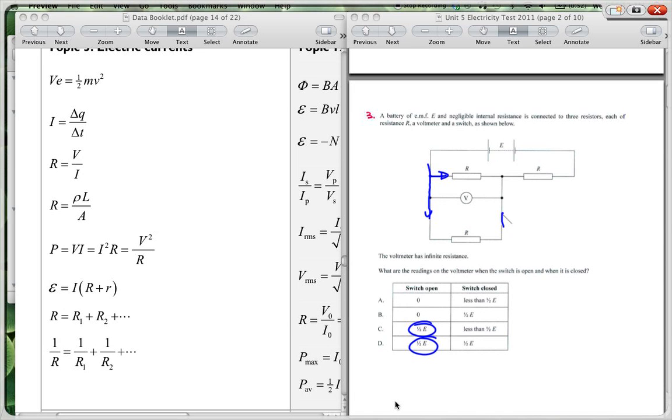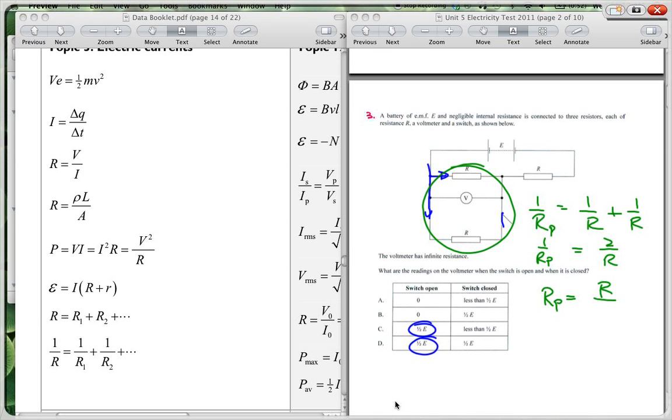So the combined resistance for this parallel section here, 1 over Rp, will equal 1 over R plus 1 over R, which is going to equal 2 over R. Therefore, Rp for that will equal R over 2.